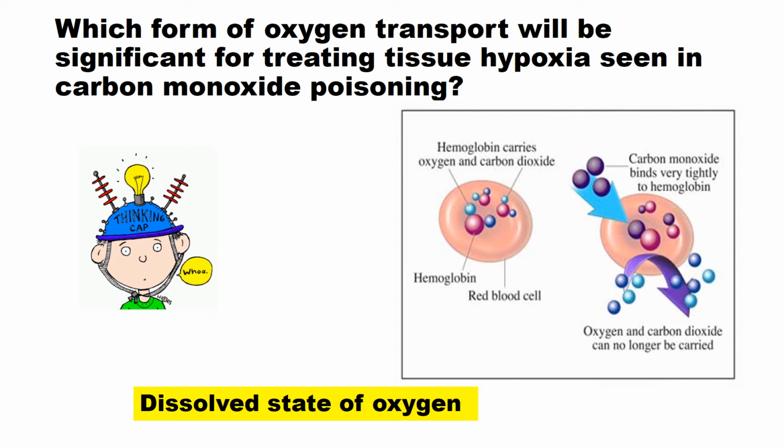So when carbon monoxide binds with the hemoglobin, it impairs the binding of oxygen and therefore also impairs the transport of oxygen in combination with hemoglobin. So the other method of transport of oxygen is the dissolved state of oxygen, which will help to recover the tissue hypoxia as seen in this carbon monoxide poisoning.